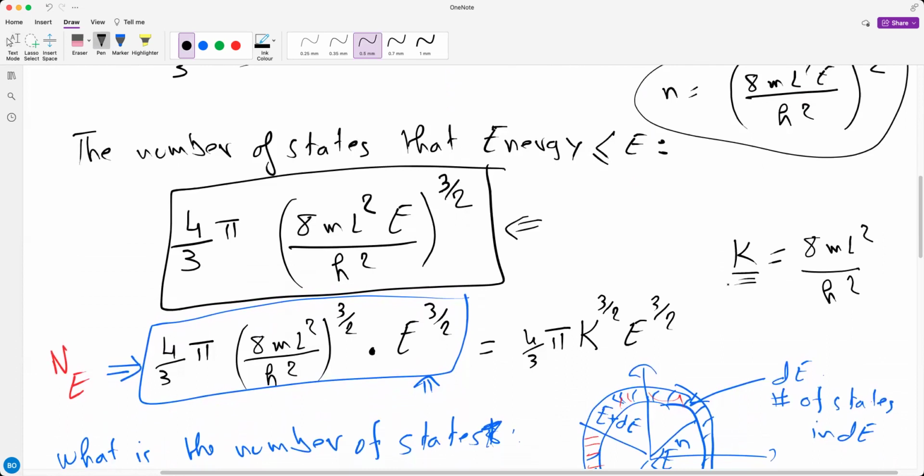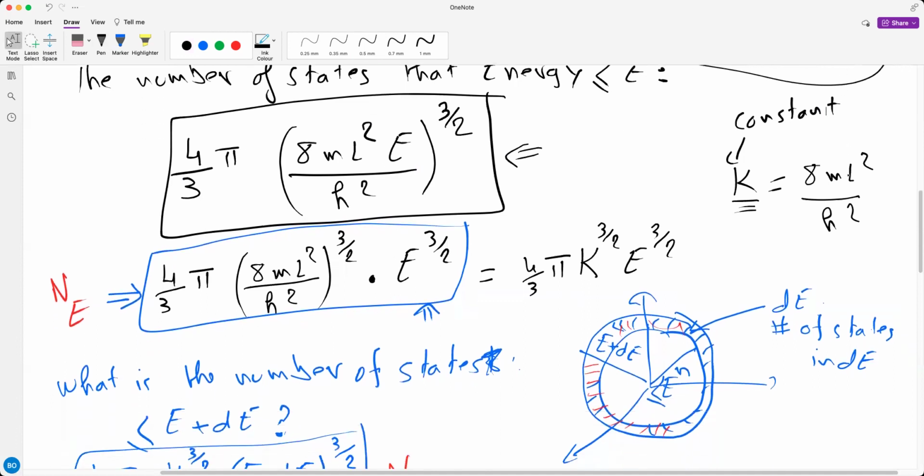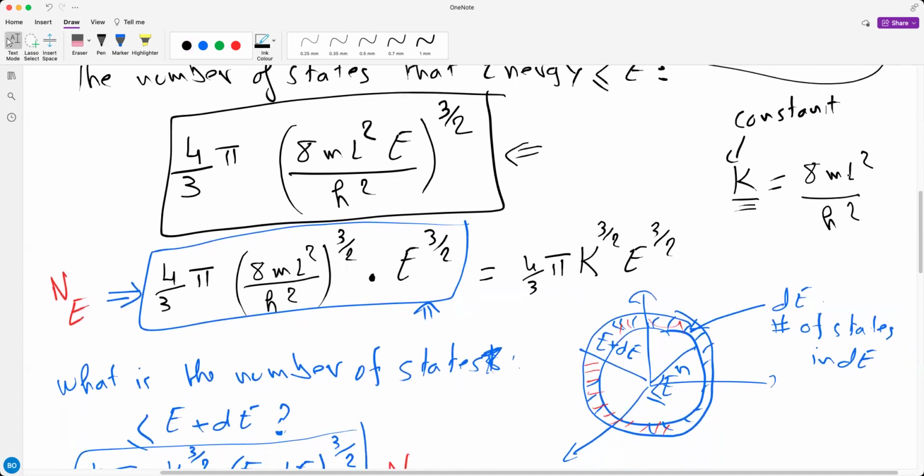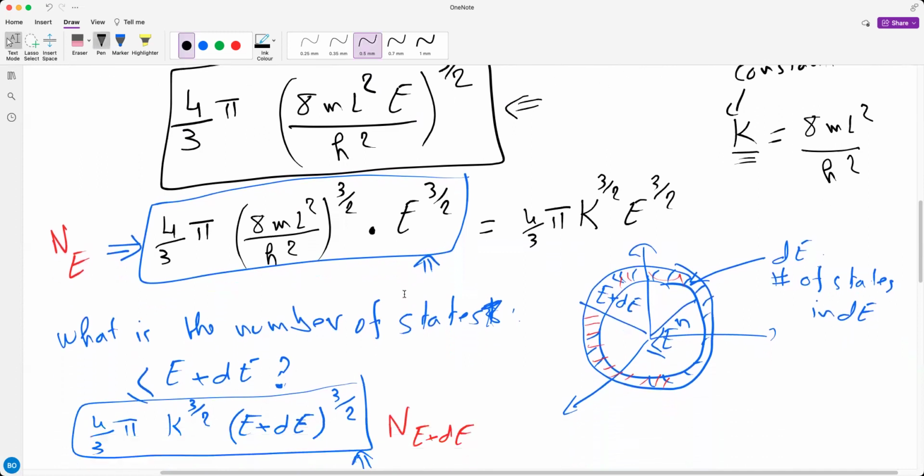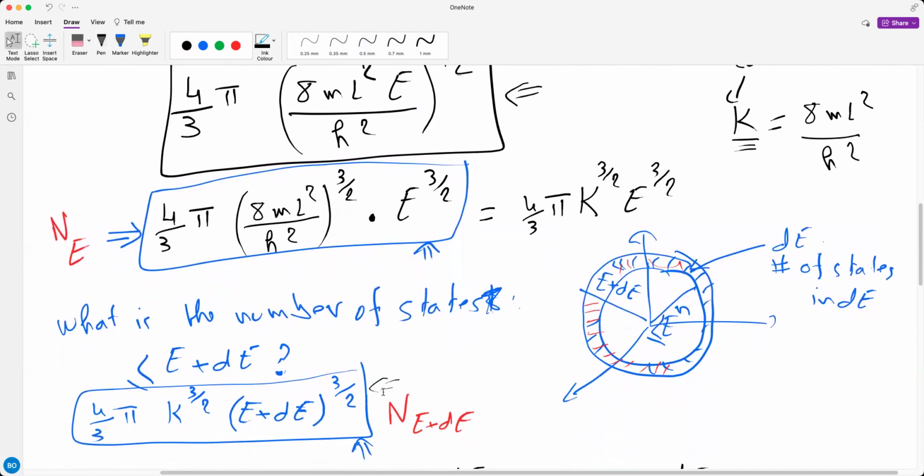By the way, this is just a constant. It has nothing to do with the wave number, please. It's a constant. It has nothing to do with the wave number. And then we are interested to see how many states are there in a small element dE. So then what we can do is to calculate the number of energy states in E plus dE. We apply the same formula and we got this one.